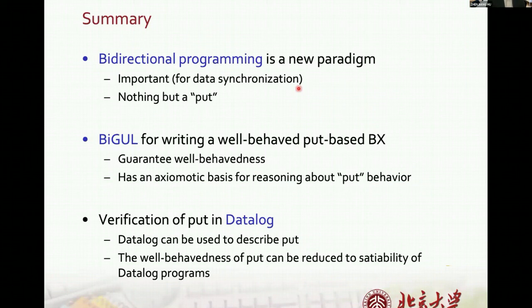One is Beagle, a domain-specific language for people to write only well-behaved put-back bidirectional transformations. Another is a verification method that allows users to use Datalog, a subset of Datalog, to write their put, and we provide complete validation methods for that.